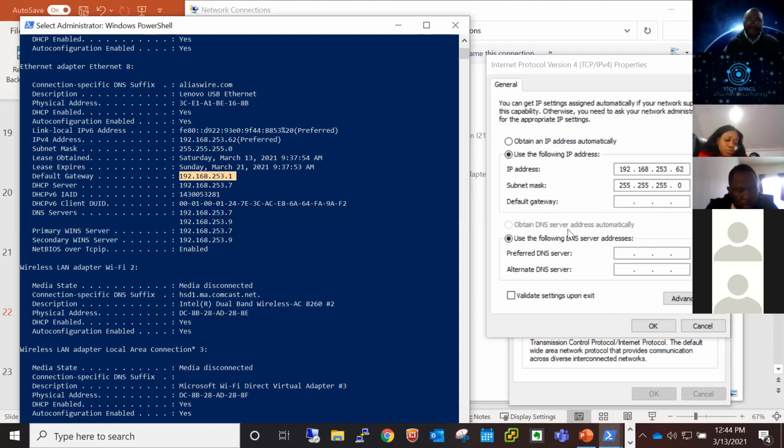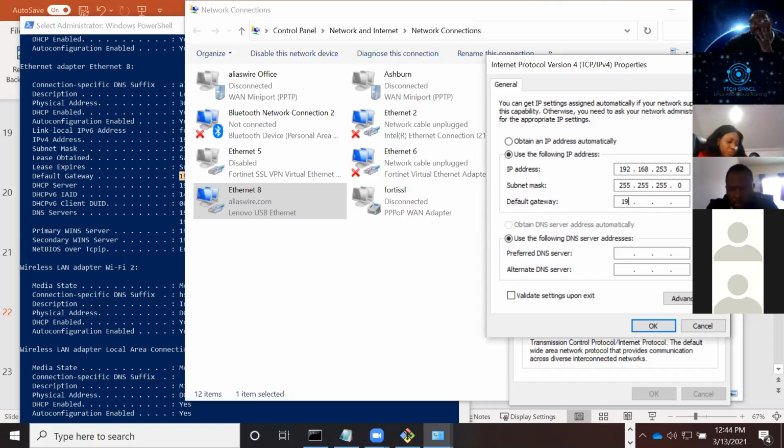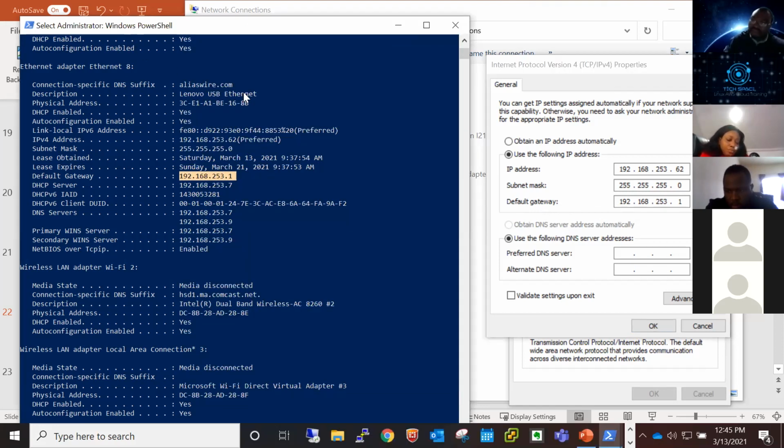What is the default gateway and what does it do? It's the IP address of the router, and it allows communication between your device and the internet. All right, guys, that is where the packets or the information or the data flows into and out of your network.